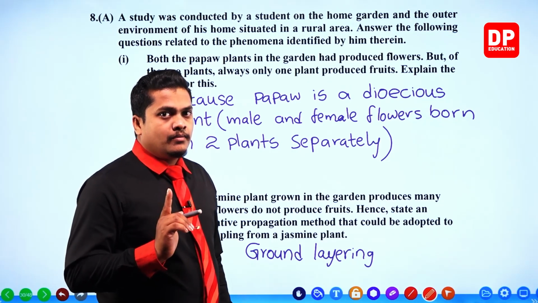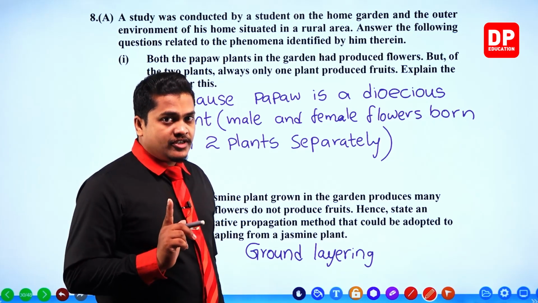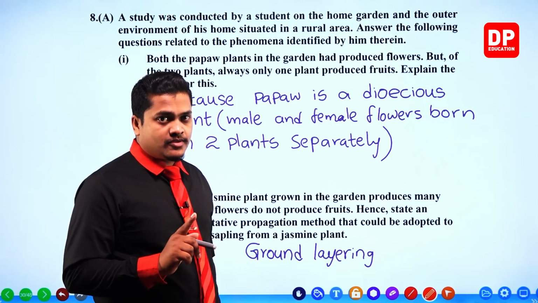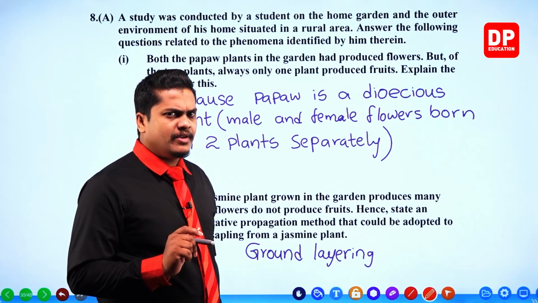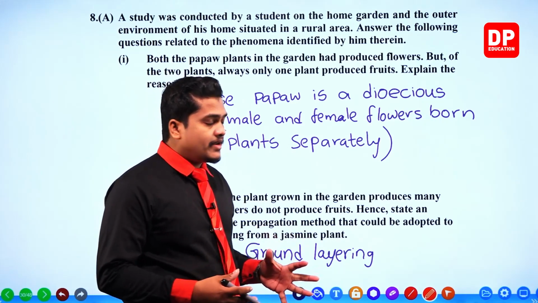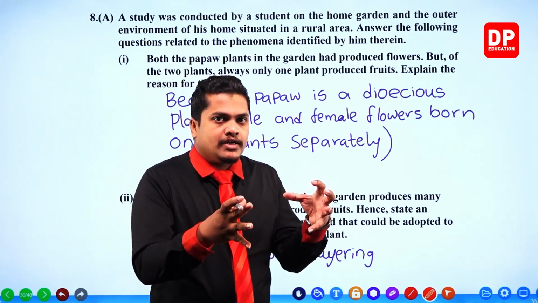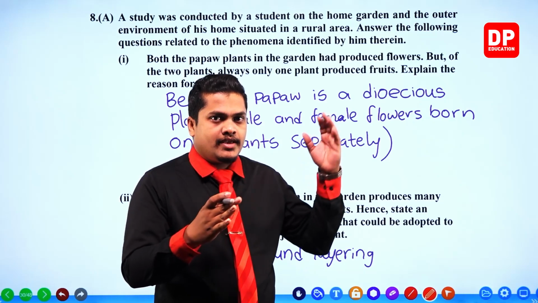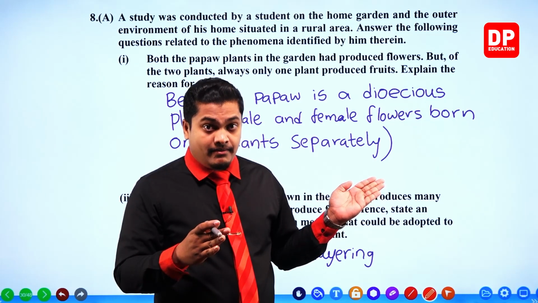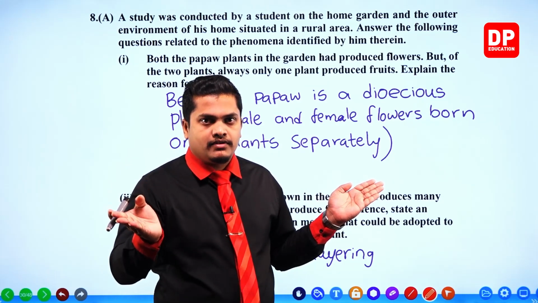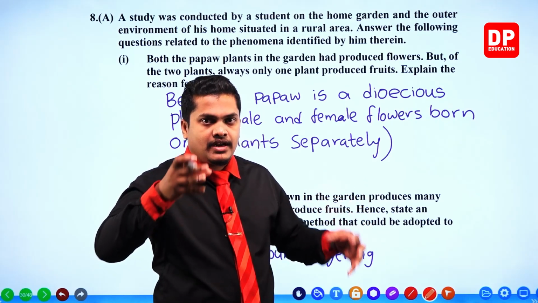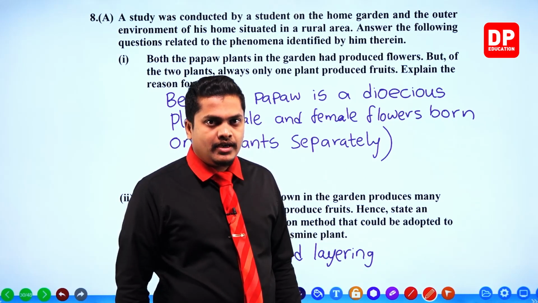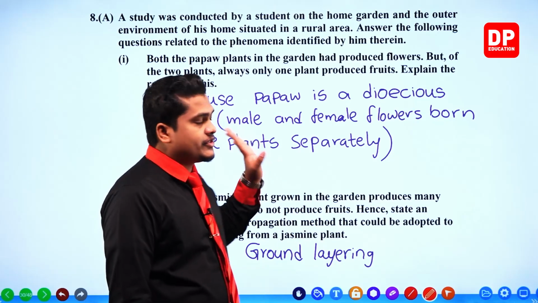Remember, there can be dioecious plants, and there can be monoecious plants as well. What do we mean by a monoecious plant? A monoecious plant means the same plant has both male flowers and female flowers, like coconut. However, pepper is a dioecious plant.